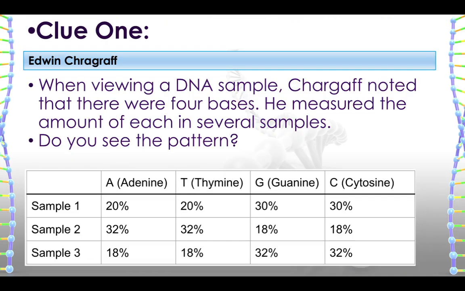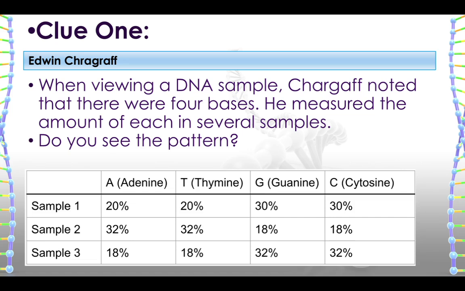So clue number one in this puzzle was actually figured out by Edwin Chargaff. And Edwin Chargaff was able to take multiple samples from multiple different organisms. And what he did was he looked for the presence of the four nitrogenous bases that are found in DNA.